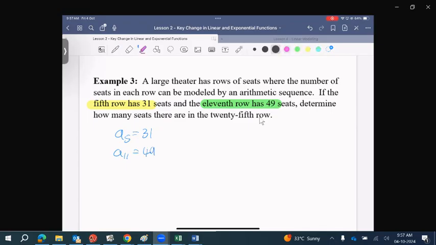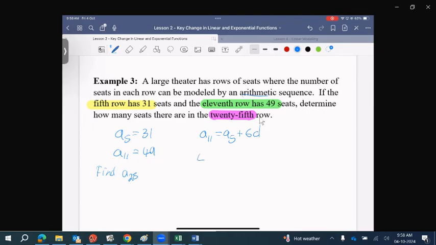And we are asked to find the 25th row, so we want to find A25. We're also told it's arithmetic. So the first thing we need to do is find out how many lots of common difference will take you from A5 to A11. That's going to be 6 lots of common difference.